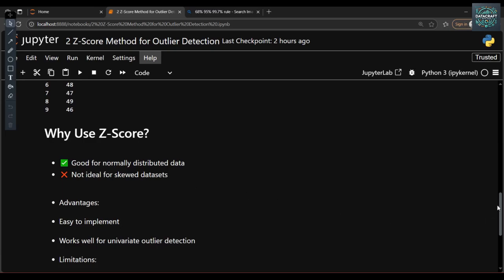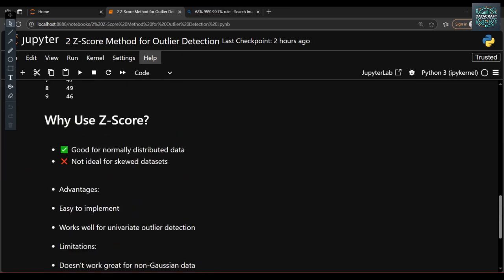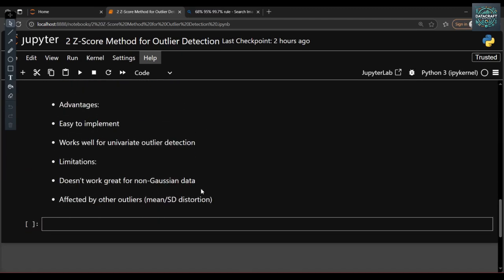The advantages of the Z-score are that it is easy to implement and works well for univariate outlier detection. The limitations are that it does not work great for non-Gaussian data, and it is affected by the outliers themselves, since the mean and standard deviation are affected. Again, the advantages are that it is easy to implement and works well for univariate outlier detection, and the limitations are that it doesn't work great for non-Gaussian datasets and is affected by outliers through the mean and standard deviation.